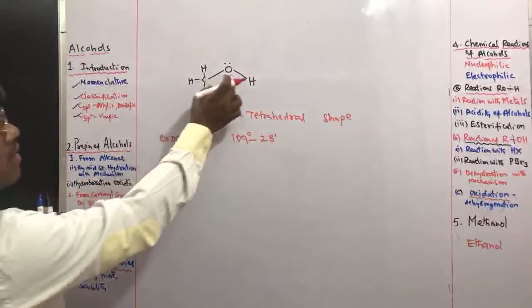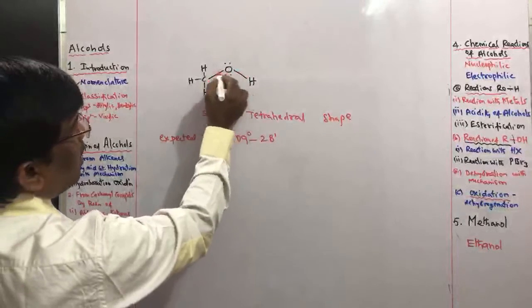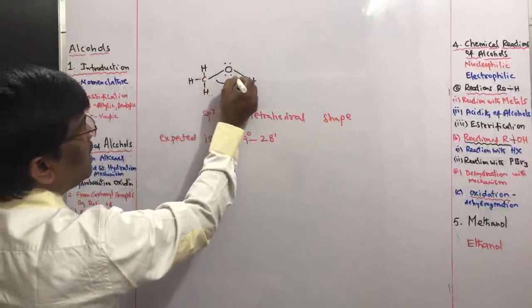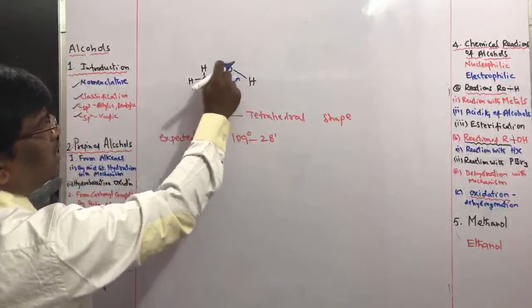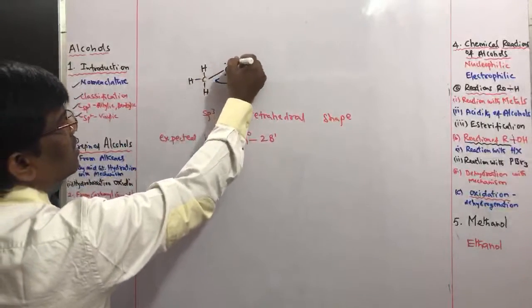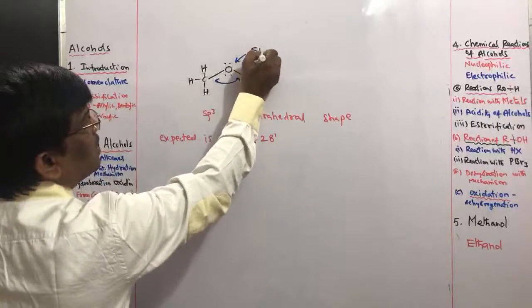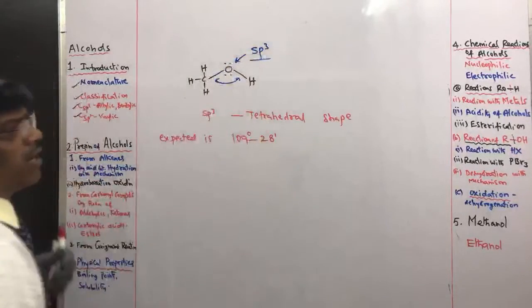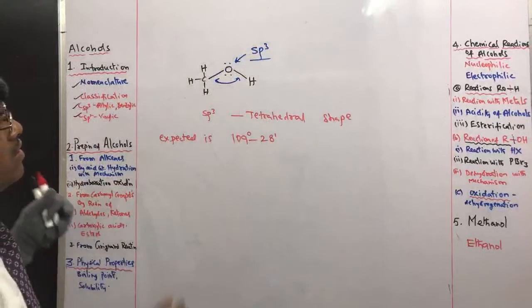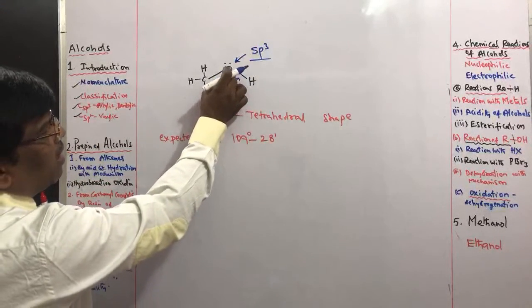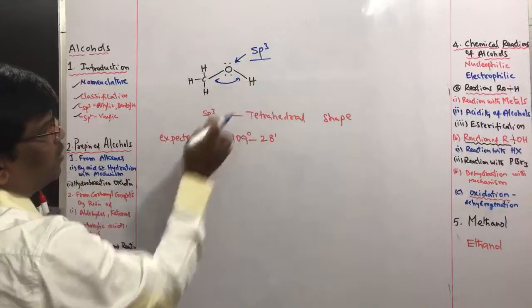However, because of this polarity, the bond angle between these, what is the hybridization of oxygen? Oxygen also is sp3 hybridized, right? So because of this oxygen sp3 hybridization, what is the bond angle of oxygen, carbon and hydrogen?